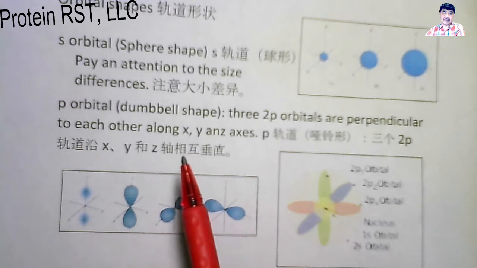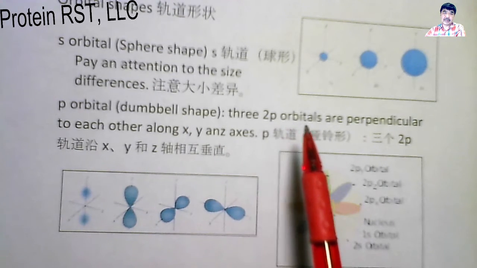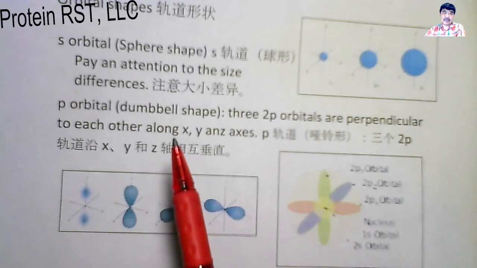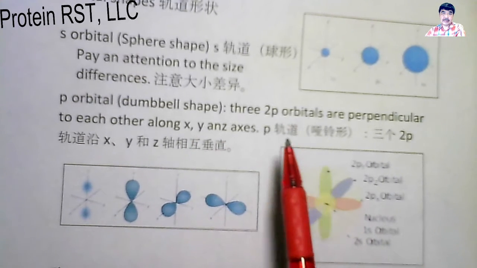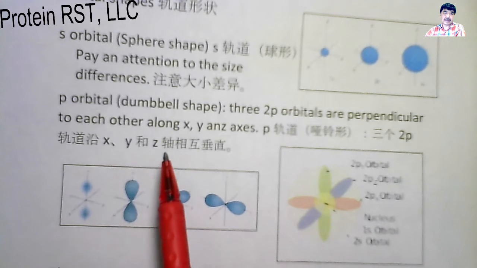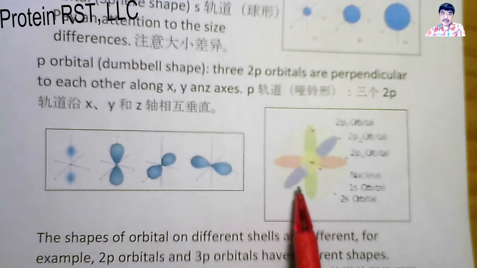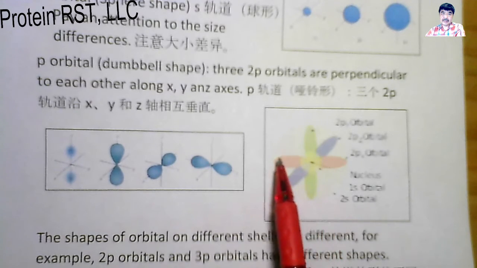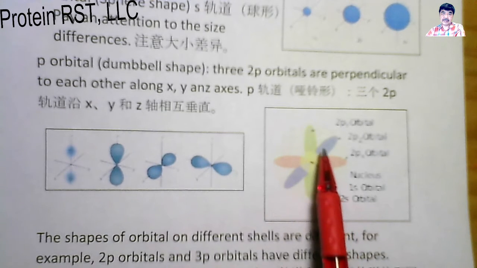The three 2p orbitals are perpendicular to each other along the x, y, z axes. Put all together, you can see this sphere here is the s orbital, and you can see 3 p orbitals in different colors. This one is kind of red, this is blue, this is yellow.